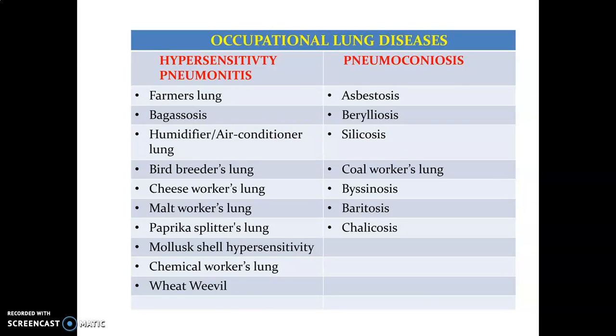In certain industries, especially those involving grinding or stone breaking, so much dust is produced that the defense mechanism of the body cannot fully cope with the situation. Long exposure can give rise to inflammation leading to fibrosis and thus causing serious lung damage. So workers in such industries should wear protective masks. These are some diseases related to occupation.